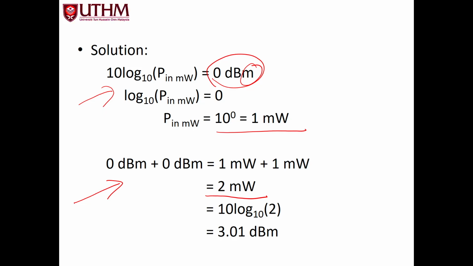This 2 is actually 2 milliwatt divided by the reference 1 milliwatt. That's why the example just uses the value of 2. So 10 log 2 is equal to 3.01, but the unit must be in terms of dBm.